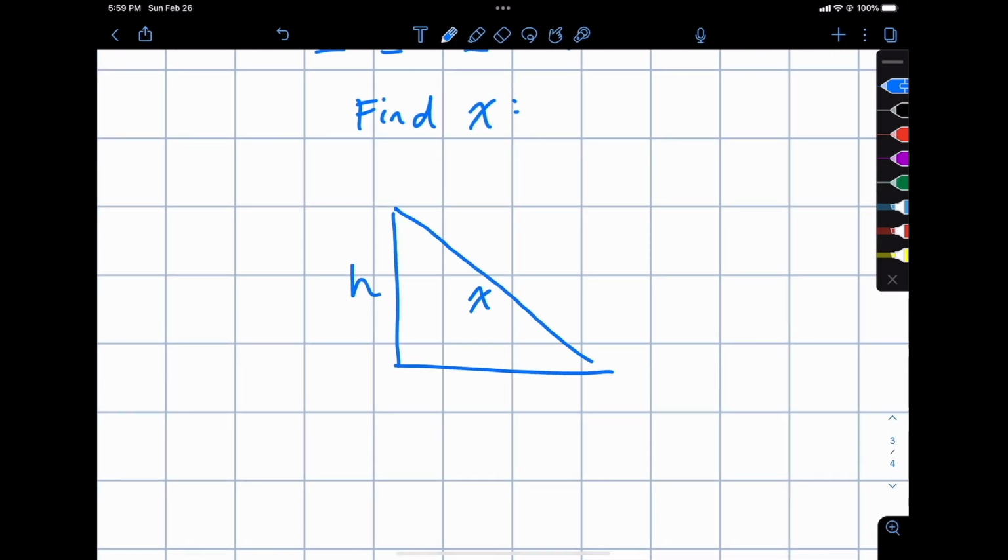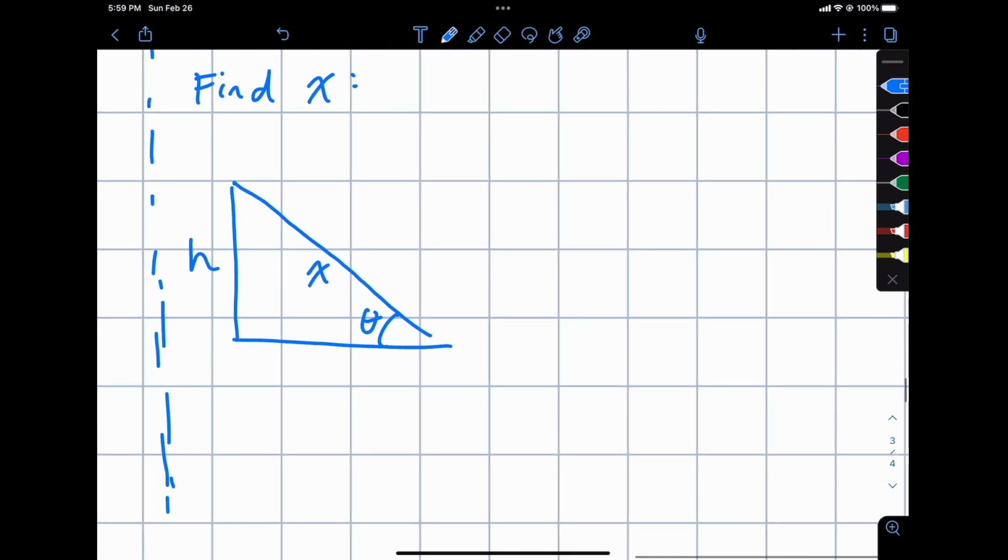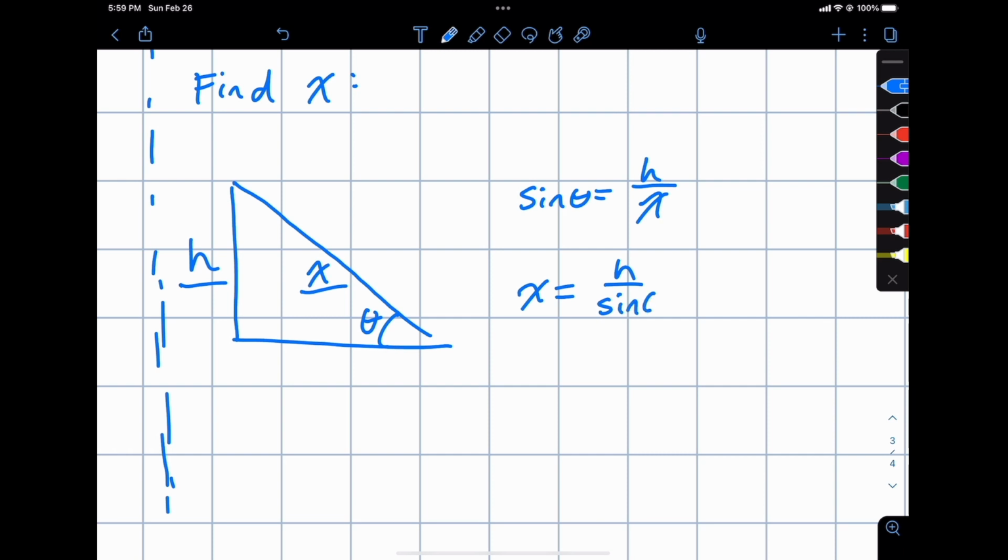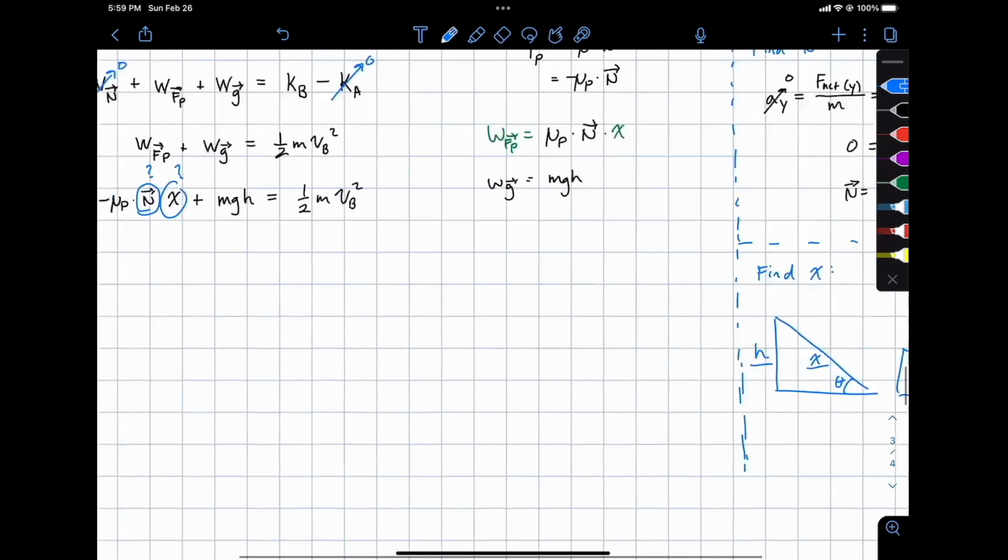X is here. We are given h. We are given theta. And using trig, we know that sine theta is the opposite, in this case h, over the hypotenuse, which is x. So x must equal h over sine theta. That is it. We found x, and we have n.